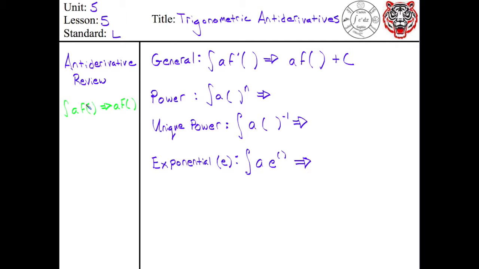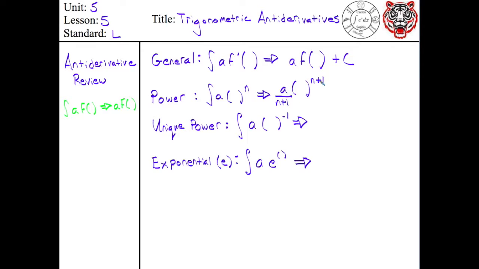All right, so let's move to our power. Review of what happens when we take the antiderivative of power house. Power house means I'm going to add 1, so I have that same a, to the power, there's the inner, and then n plus 1 is going to be added, and then I'm going to divide everything by that n plus 1.